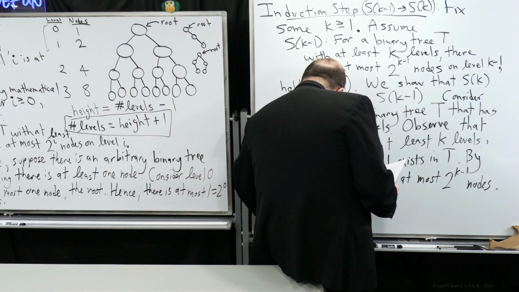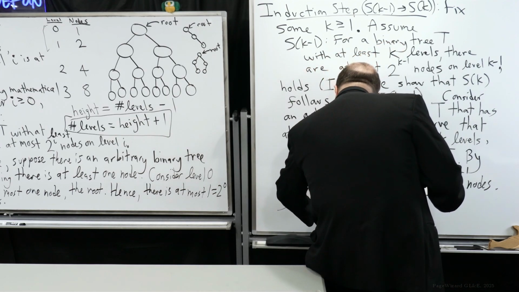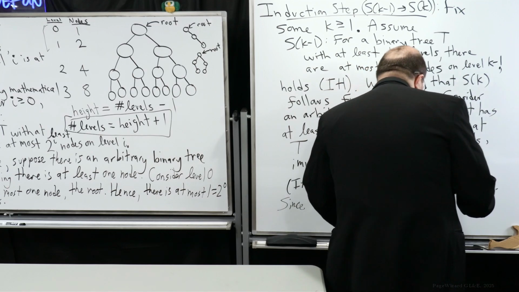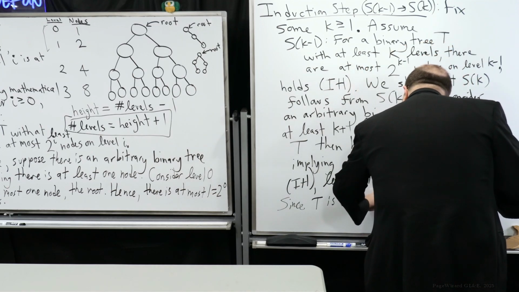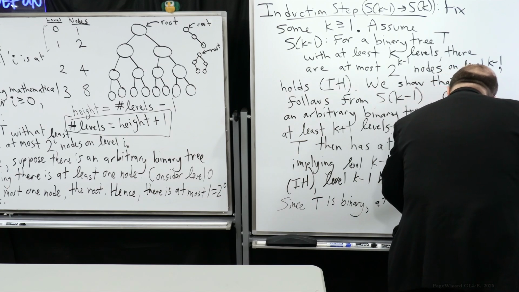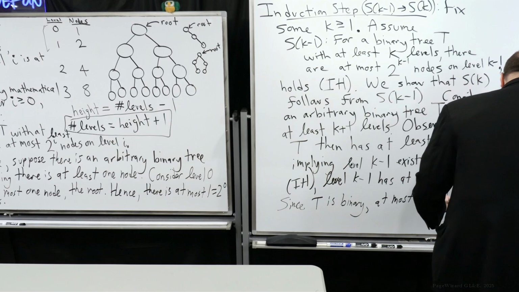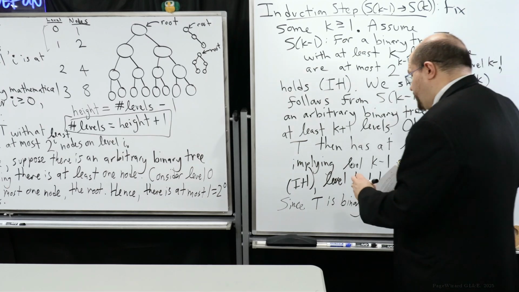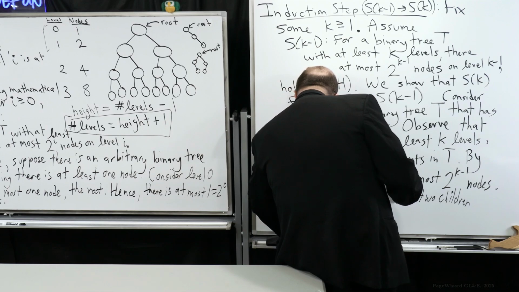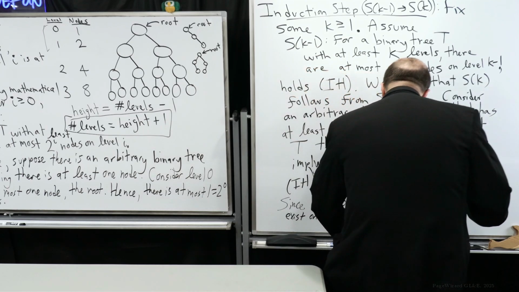Since T is binary, at most 2 children exist on level k.